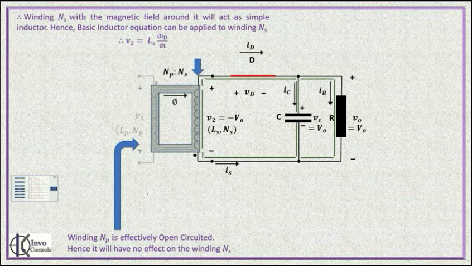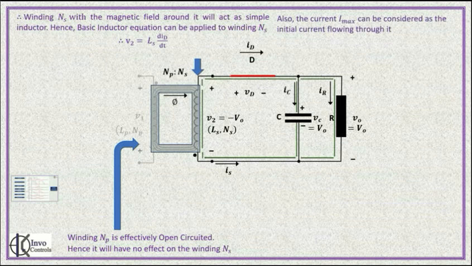That is V2 equal to Ls into dId by dt. Also, the current Imax can be considered as the initial current flowing through this inductor. Note that Imax is the secondary current at T equal to T on gate low. You will recollect this from our previous discussion.